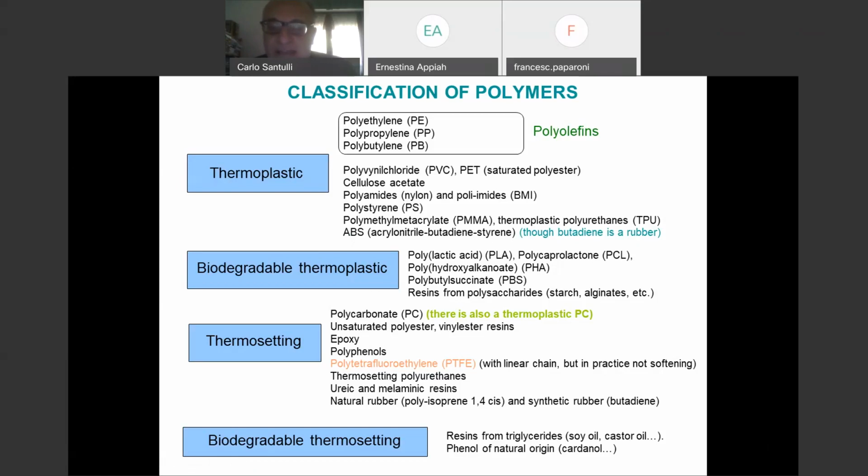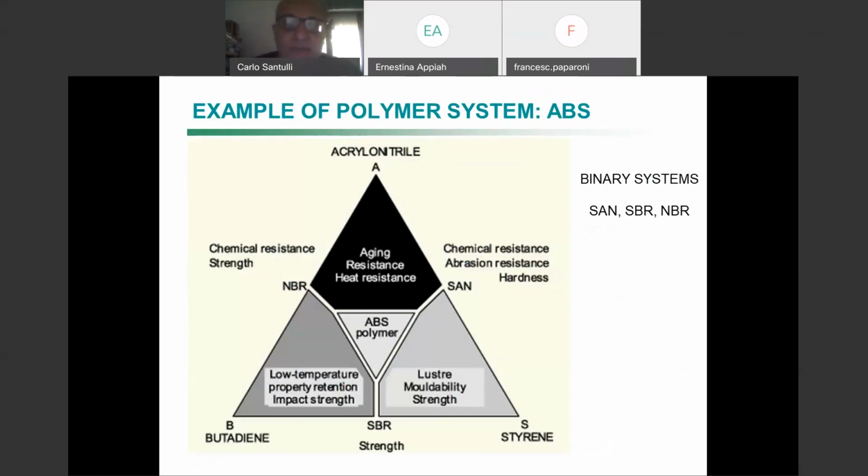Butadiene is more rubber, whilst the other two are more plastics with different characteristics. I will show it in a bit. Well, this is ABS, and ABS is a good example of how you proceed.